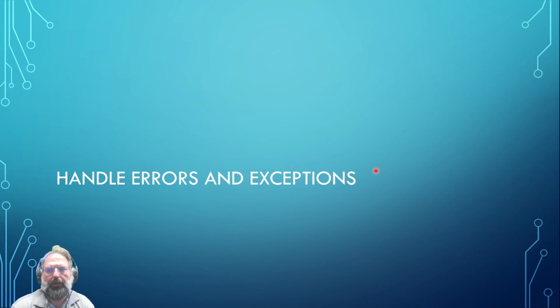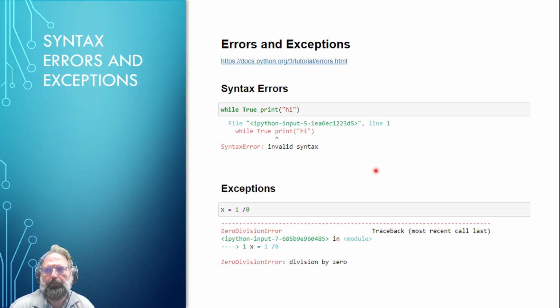Whenever you're dealing with programs, there's always errors and exceptions. So the way that you can handle them inside of Python is similar to other languages. You have two kinds of flavors of errors, if you will. One is syntactical errors, meaning you didn't follow the rules of the language.